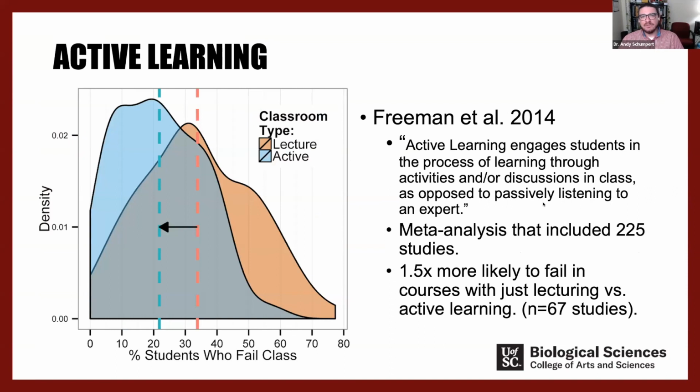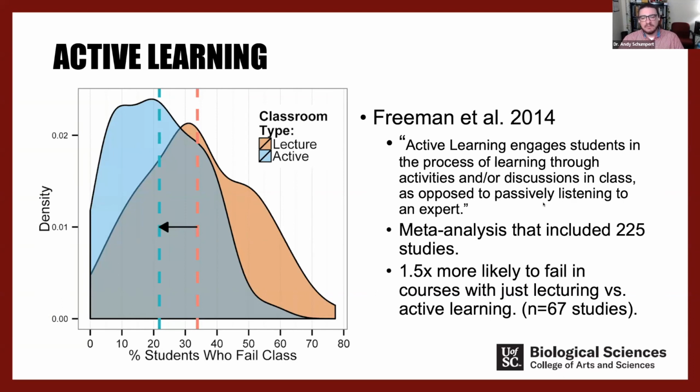And so active learning has been around for a while, and it's gotten some data, right? We've collected some data throughout the years to show that active learning is beneficial to our students. And so Freeman et al. in 2014 did a big meta-analysis, and you can see they define active learning as engaging students in the process of learning through activities or discussions in class, as opposed to, again, just this passive listening to someone.